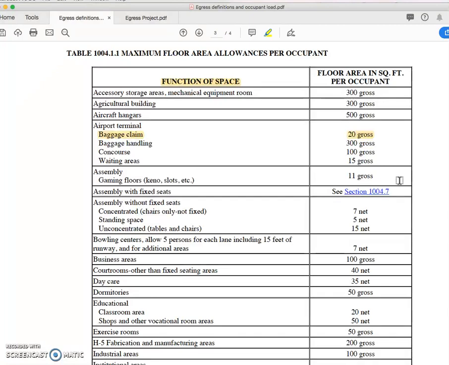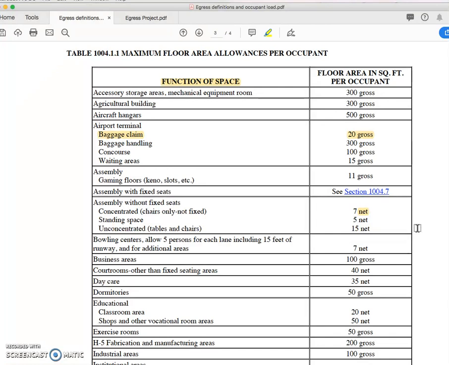Now remember, we talked also about the difference between gross and net. Gross is, hey, if this is gross, it's everything in there. We don't portion it out. We don't exclude certain areas of the room in our count. We count the whole building or the whole area. But if we have a net, like in our assembly areas, we're only going to count that portion of the room that is used for, let's say, dancing with standing.